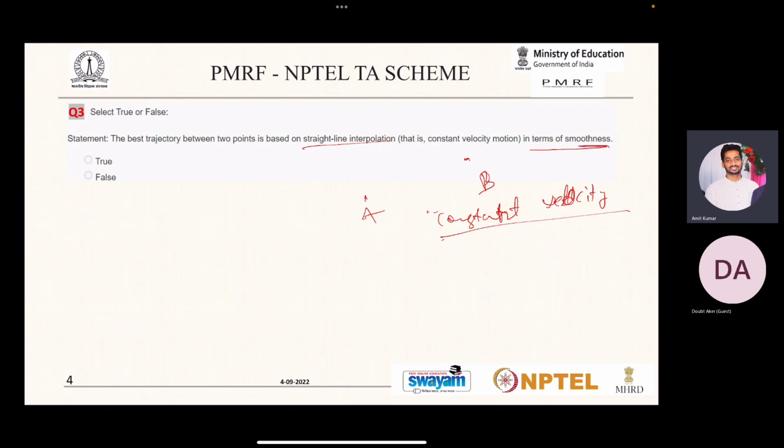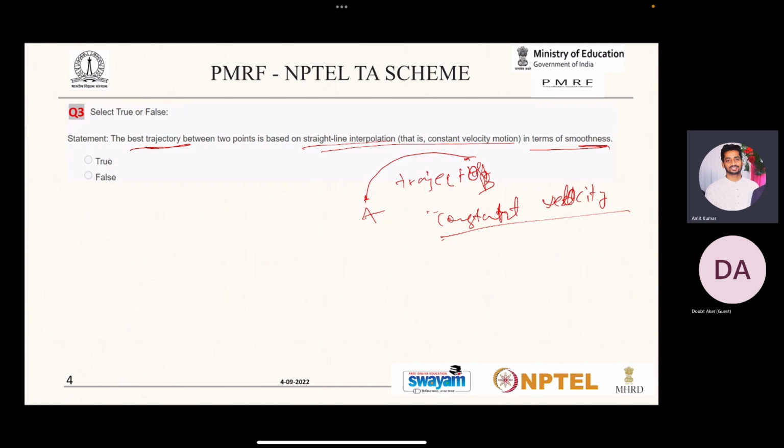No, that is not the best, because from A to B you can have some type of parabolic or other type of trajectory which is more smooth, and there will not be any kind of jerk which you can feel throughout from A to B. So this is possible, but this is not the best trajectory. In terms of smoothness, this is not the best trajectory.